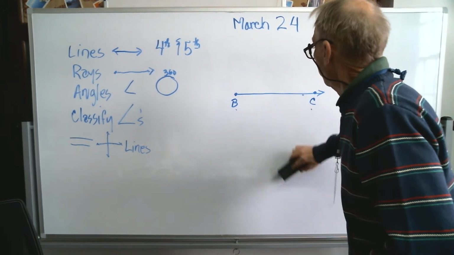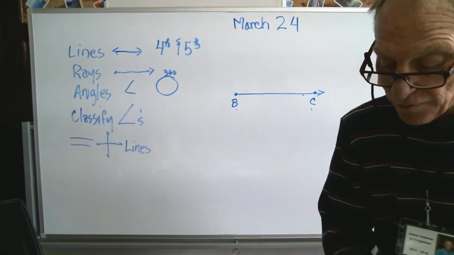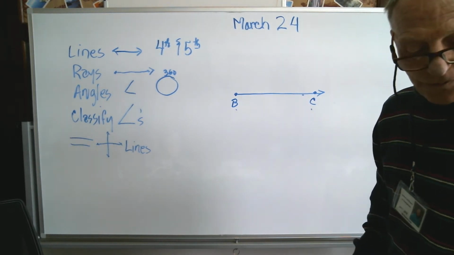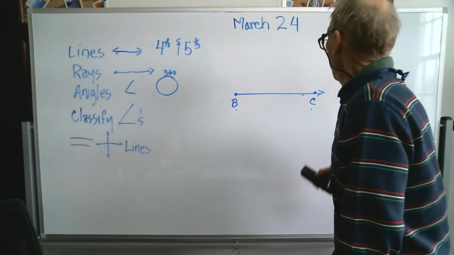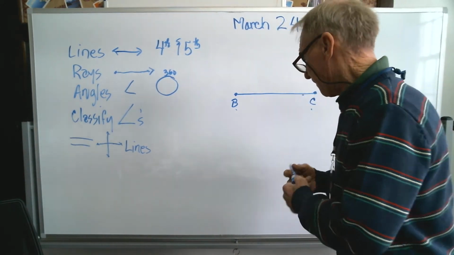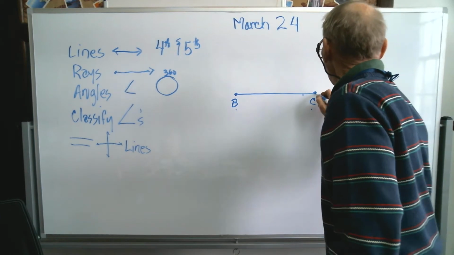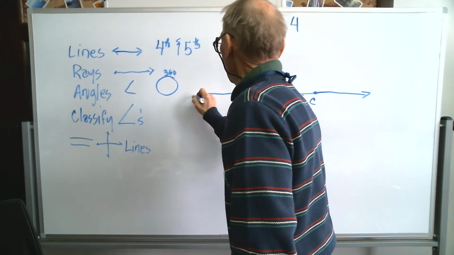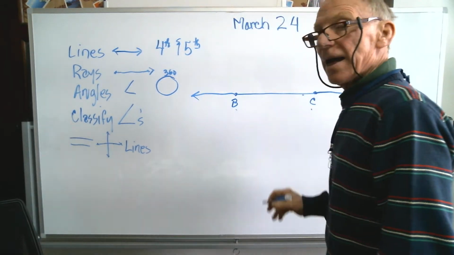Now, what if we turn that into a line segment? Now, a line segment is 2 points located within a line.